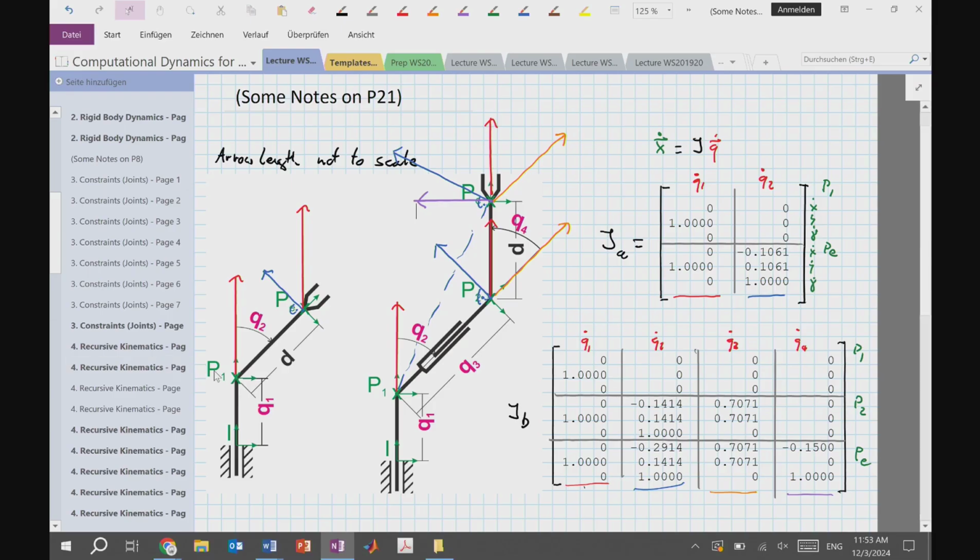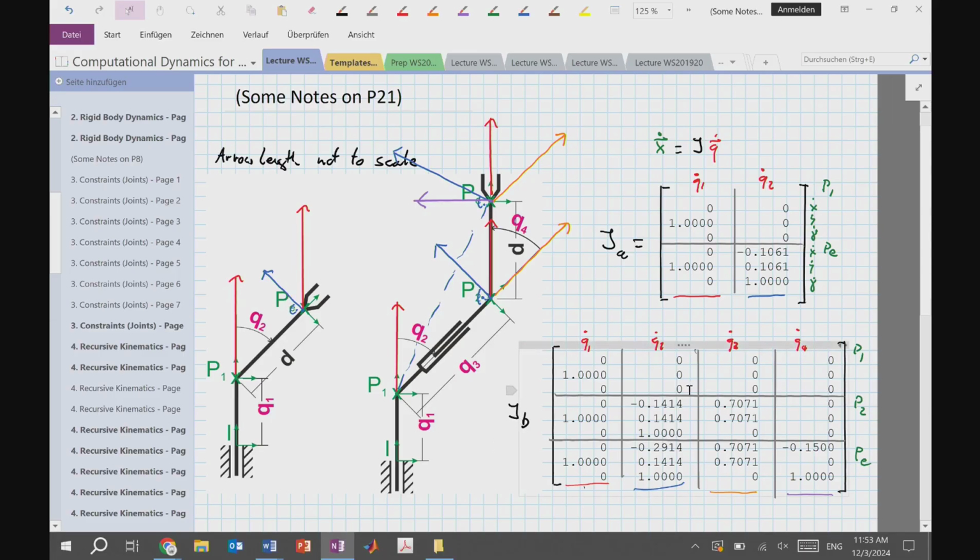And if this link is pointing straight to the right, a rotation about Q2 would move the end effector also straight up and down. So in terms of these x, y positions, they would do the same. But of course, Q1 is not going to rotate. Q2 is going to rotate. So mathematically, the rank would still be 2 for that Jacobian of PE.